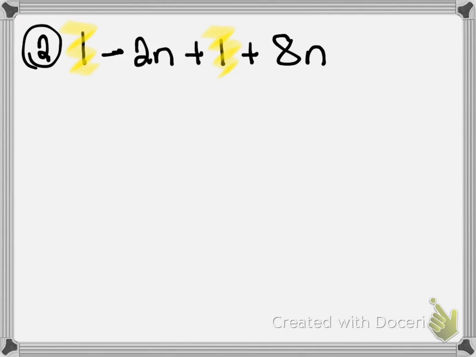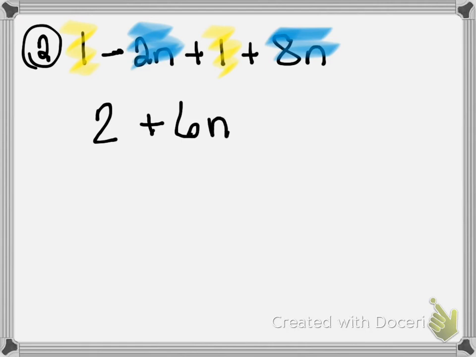All of your constants will combine. This is an n to the first term, and so is this. So those will combine. So 1 plus 1 will combine to give you 2. A negative 2n plus 8n will combine to give you 6n. When you combine those, that is what you get.